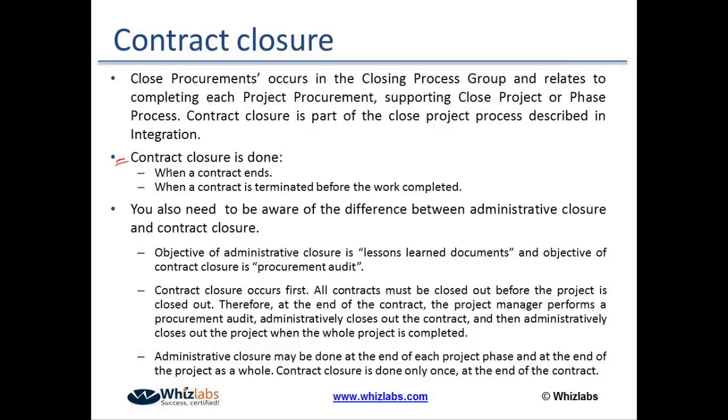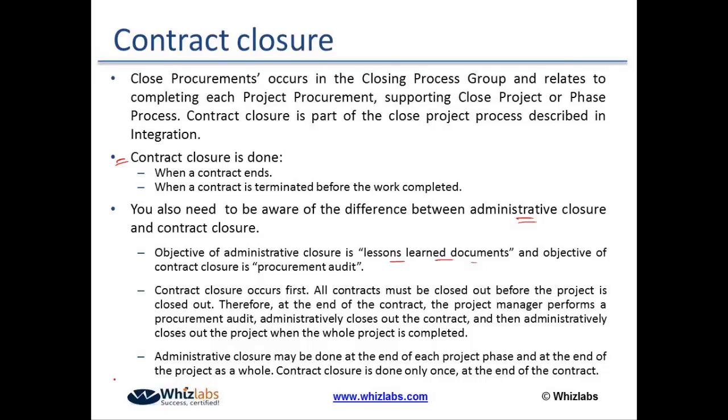And it also includes the administrative closure, which includes the documentation part, that is documenting the lessons learned or documenting the project related information in the organizational process assets, etc.